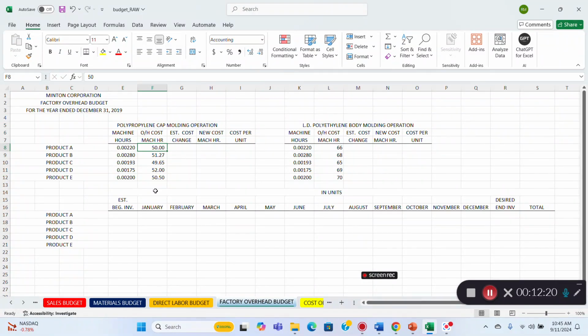Well, I have to tell you that in today's world, that's really not accurate anymore. There are so many more automation considerations than we had several years ago that it wouldn't be unusual to see us talking about the overhead cost related to a particular machine hour.